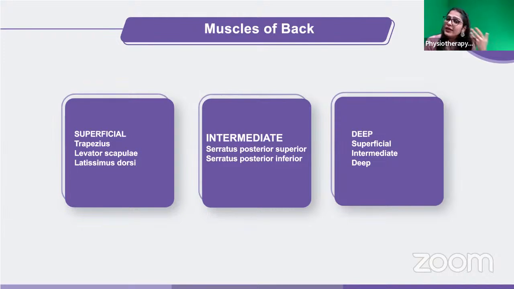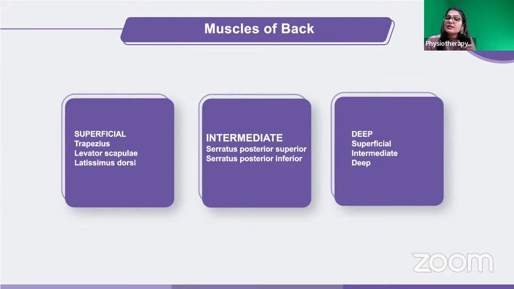Superficial muscles we have already studied in our Demystifying Muscle Anatomy Part 1: trapezius, levator scapulae, rhomboids, and latissimus dorsi. Now we will study latissimus dorsi. It is the largest muscle in your body after trapezius.